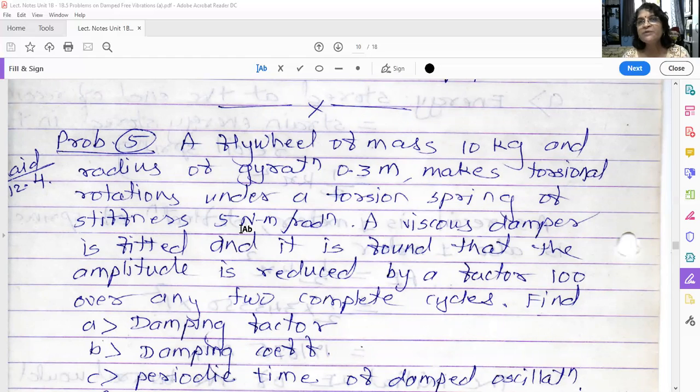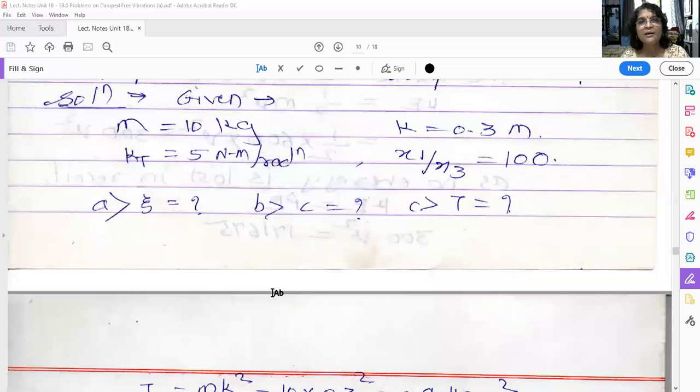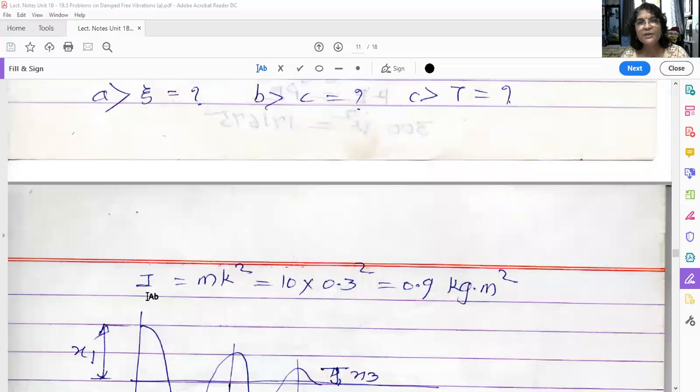What is given? m is given, 10 kg. k, that is radius of gyration, is given, 0.3 meter. So what can we find out from m and k? That is I, the mass moment of inertia, which is given by m k square. So mass moment of inertia is 0.9 kg meter square.